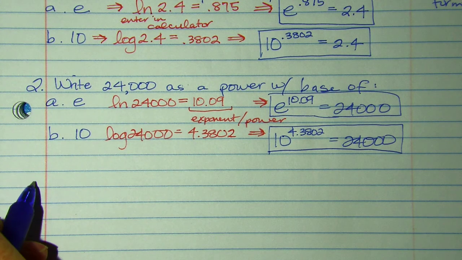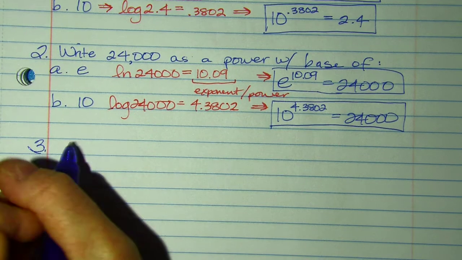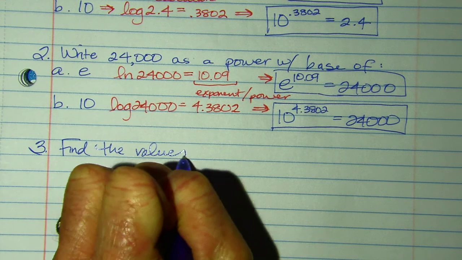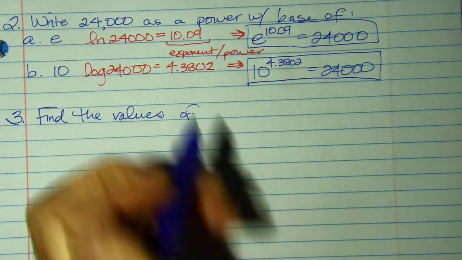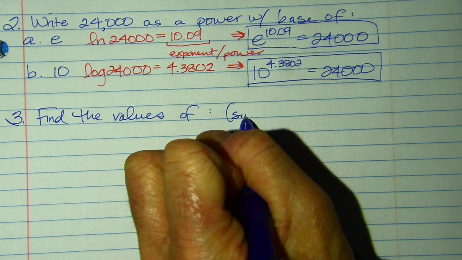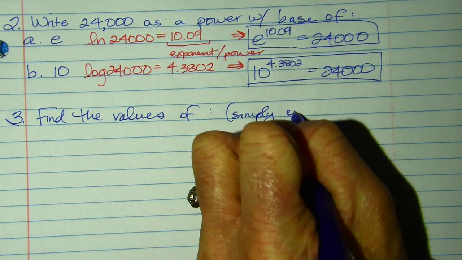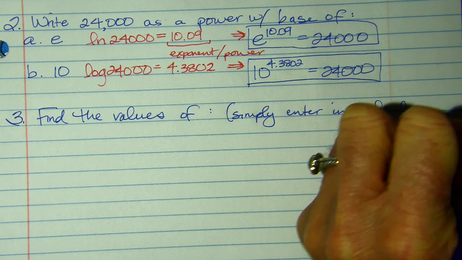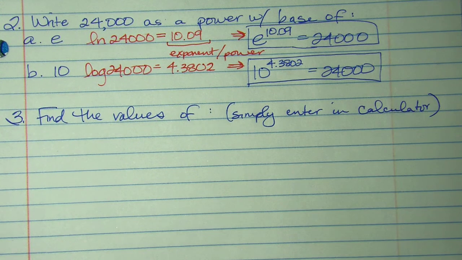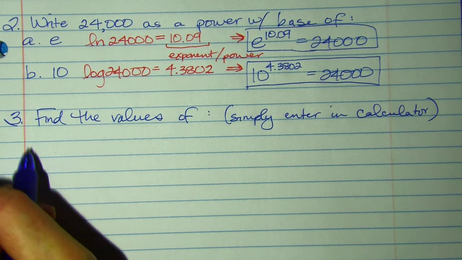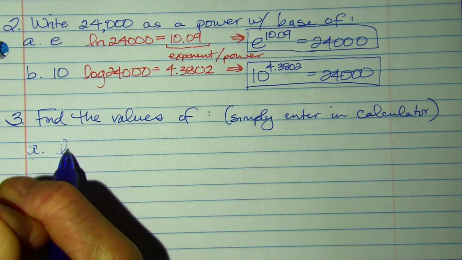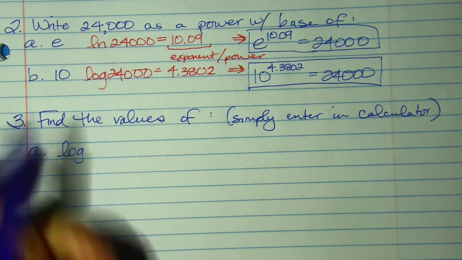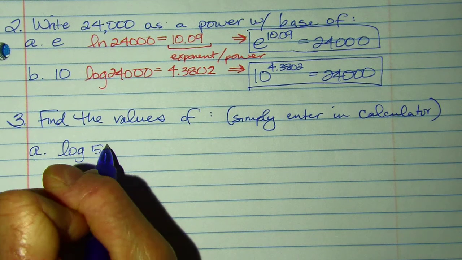All right, number 3. Find the values of, and we're simply going to enter it in our calculator. Okay, so number 3, part A, find the value of the log of 5.75.